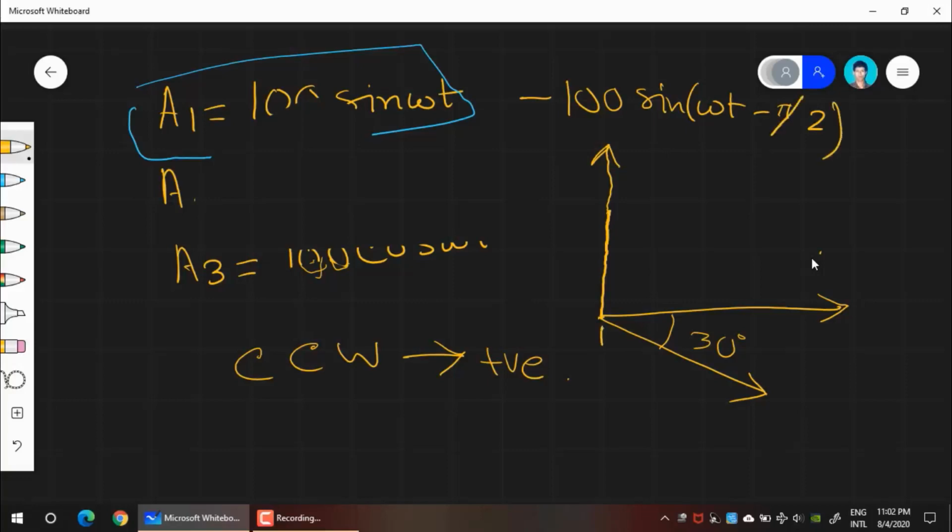So that will be something like this; this whole phasor represents only plus 100 sine omega t minus pi by 2, and when you apply this minus sign, what will happen? This dashed phasor line will become this vertical one. Fine.